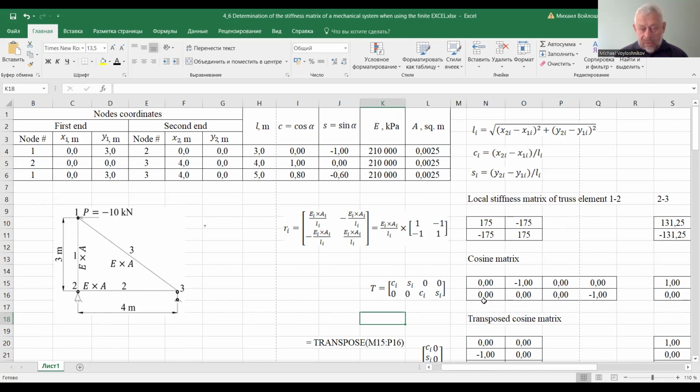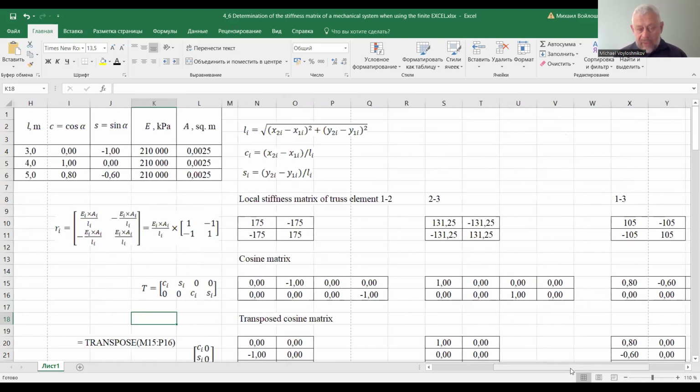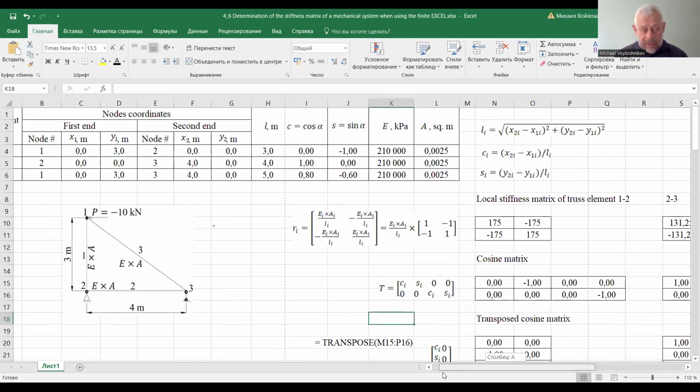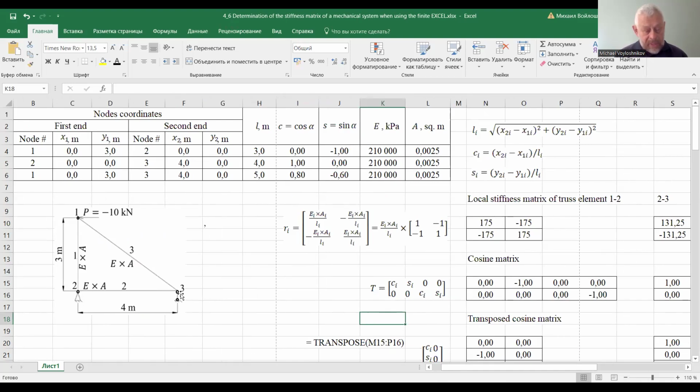So we have -1 as the sine of the inclination, repeated twice in two rows of the cosine matrix. The same for the second finite element. This element is horizontal and coincides with the abscissa axis of the global coordinate system.